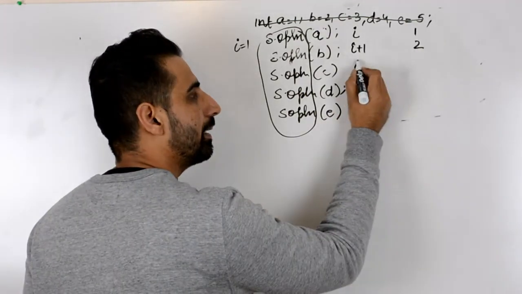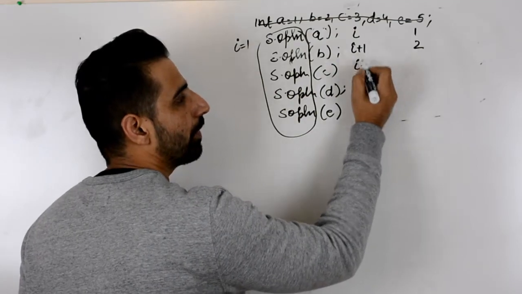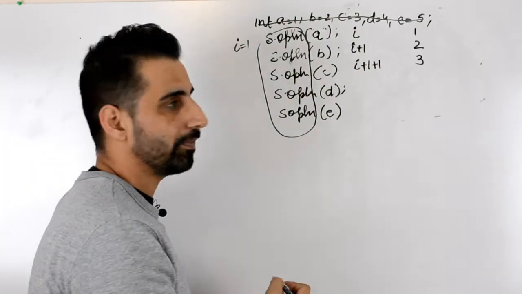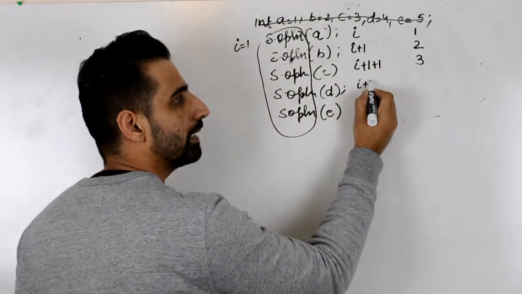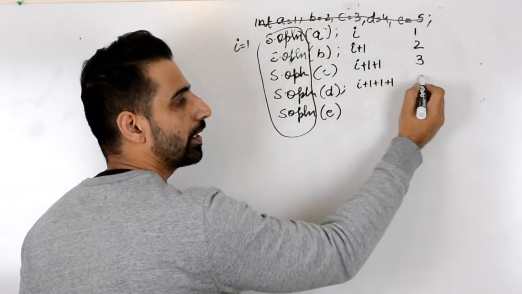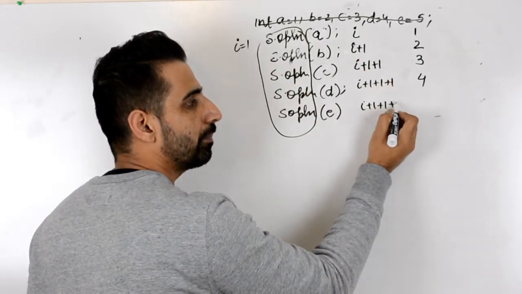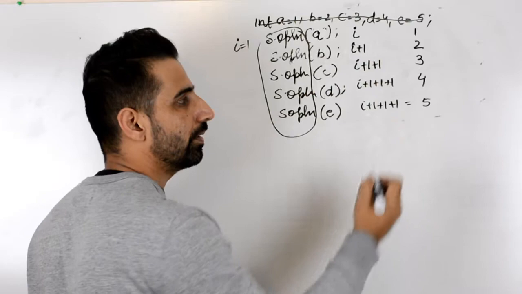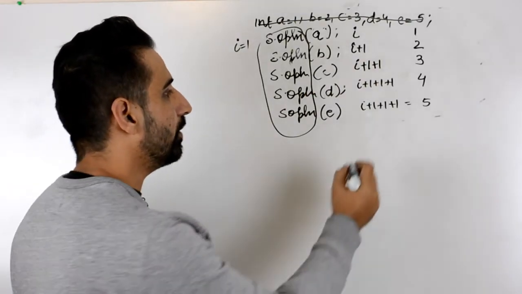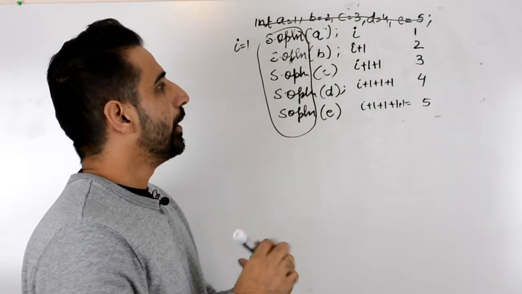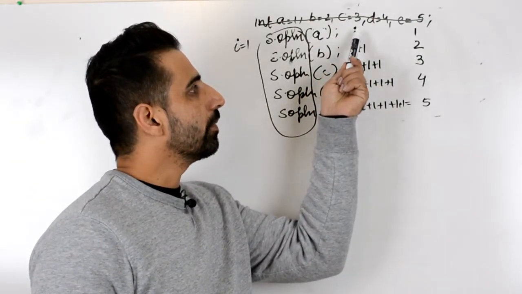Then i plus 1 plus 1, what is the value? 3. And then i plus 1 plus 1 plus 1, what is the value? 4. And then i plus 1 plus 1 plus 1 plus 1 equals 5. So what we are doing here, if you see, is increasing the value of whatever the initial value is.